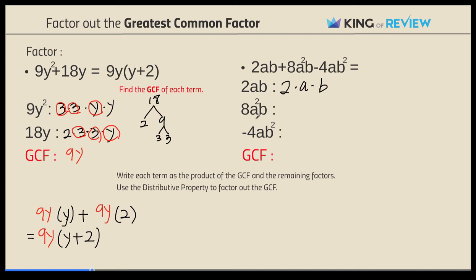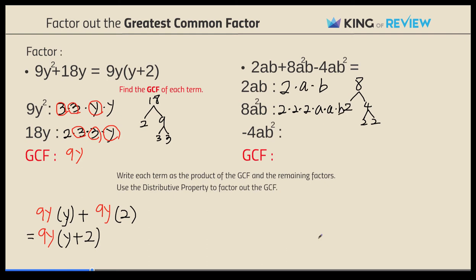And then this 8 in prime factored form would be 2 times 4 and 2 times 2. So we can rewrite 8a squared b as 2 times 2 times 2 times a times a times b.